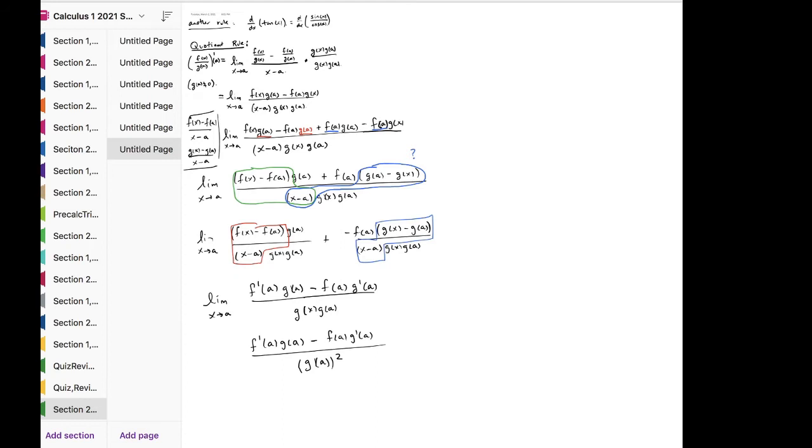So notice it's similar to the product rule trick, adding this little extra term here. So yeah, any questions?